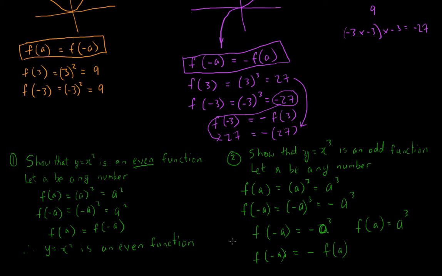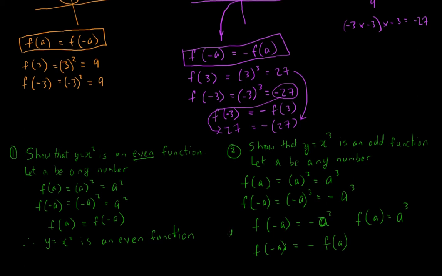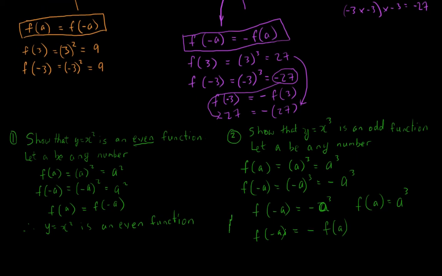In other words, what we can say here is that if I take f of minus a, it's going to get me minus a cubed, which is equal to, now f of a is equal to a cubed, so that's a cubed here.